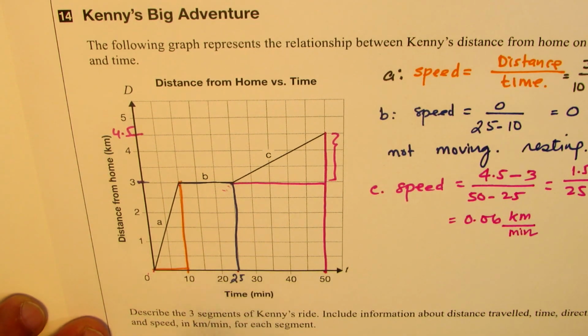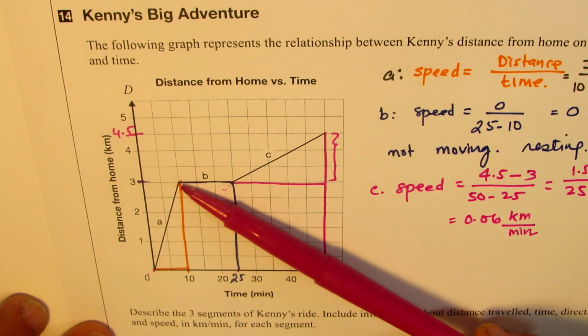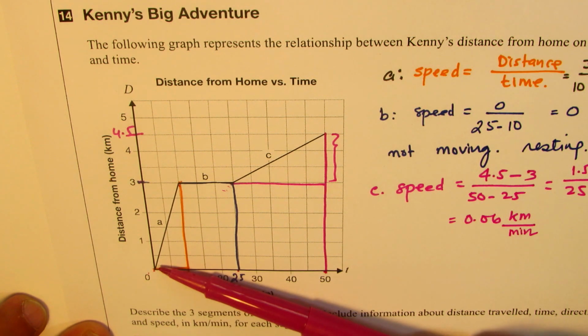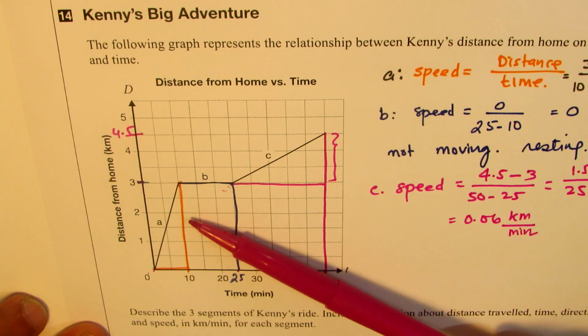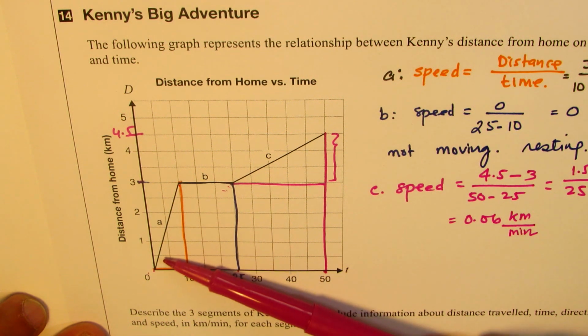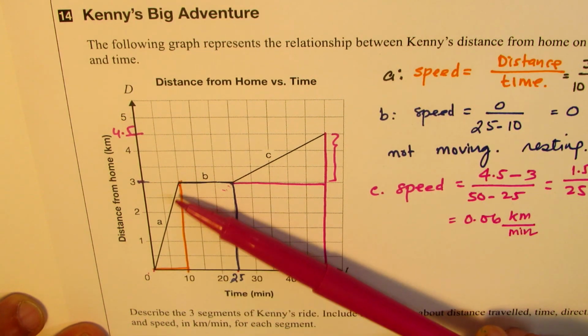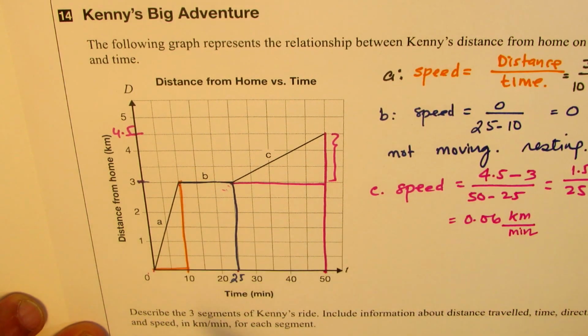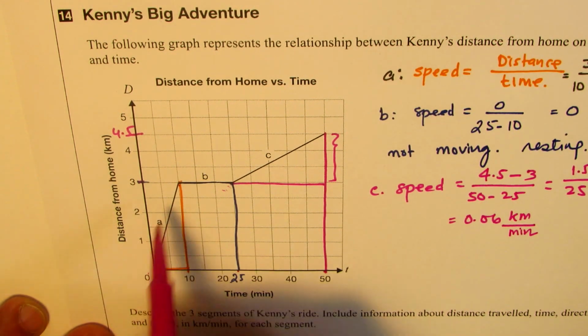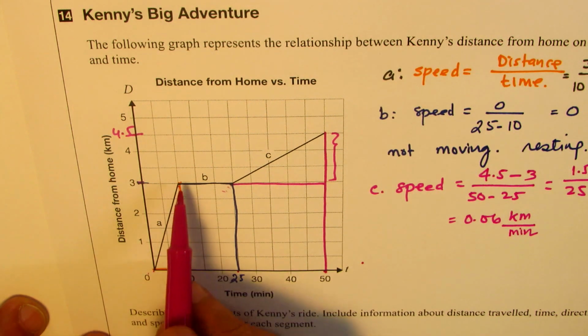So from the graph, the steepness gives us the speed which we find by rise over run, right? So that slope is the speed. So Kenny actually describe the three segments. So this is much faster, right? So you could describe it like this.